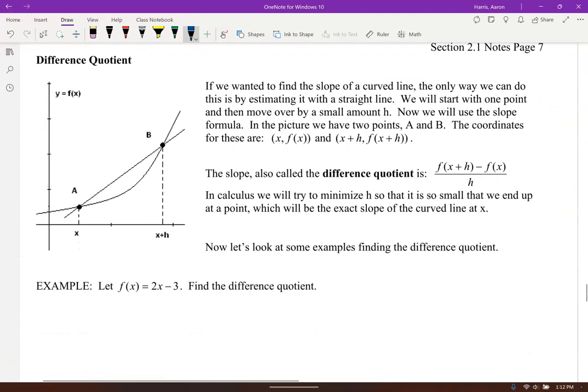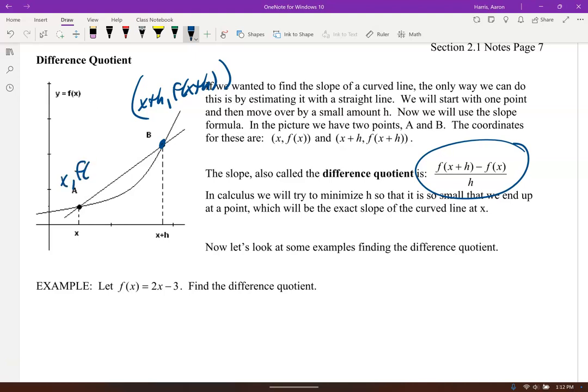All right, the last part is a difference quotient. In calculus, we're going to do this. The usefulness of the difference quotient will help us to find a slope at a point. And so this difference quotient is f of x plus h minus f of x. So here's the point x plus h, f of x plus h. It's just the point there, and this is the point x, f of x.